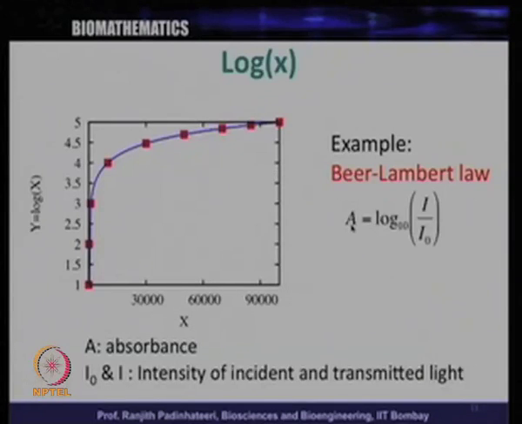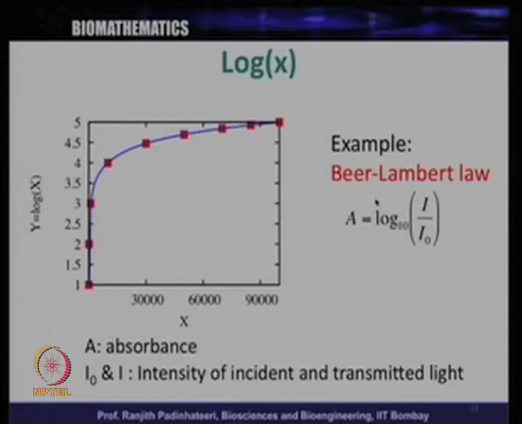If you have a liquid and you shine light on it, the amount of light absorbed is related to the intensity of incident light and transmitted light. If you have I and I0, the intensity of incident and transmitted light, the absorbance is basically the logarithm of this ratio.